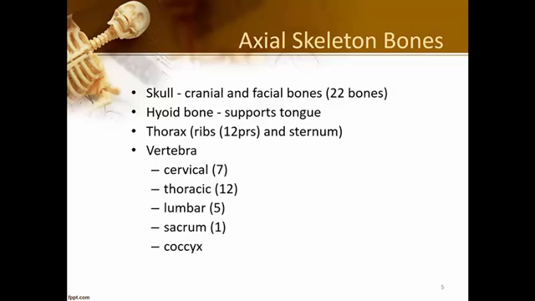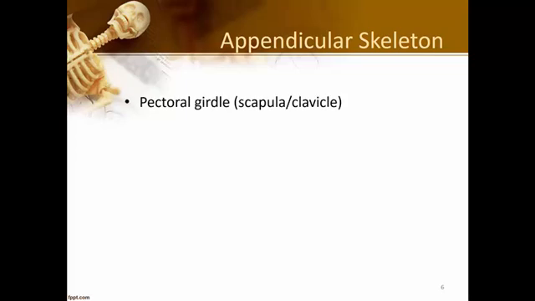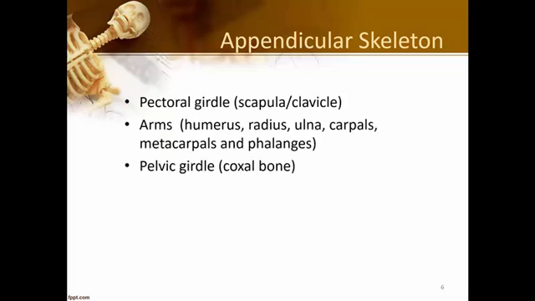The vertebrae are included in the axial skeleton as well: cervical, thoracic, lumbar, sacral, and coccyx. The appendicular skeleton includes your arms and legs and your hip and shoulder joints. So it includes all of those bones.